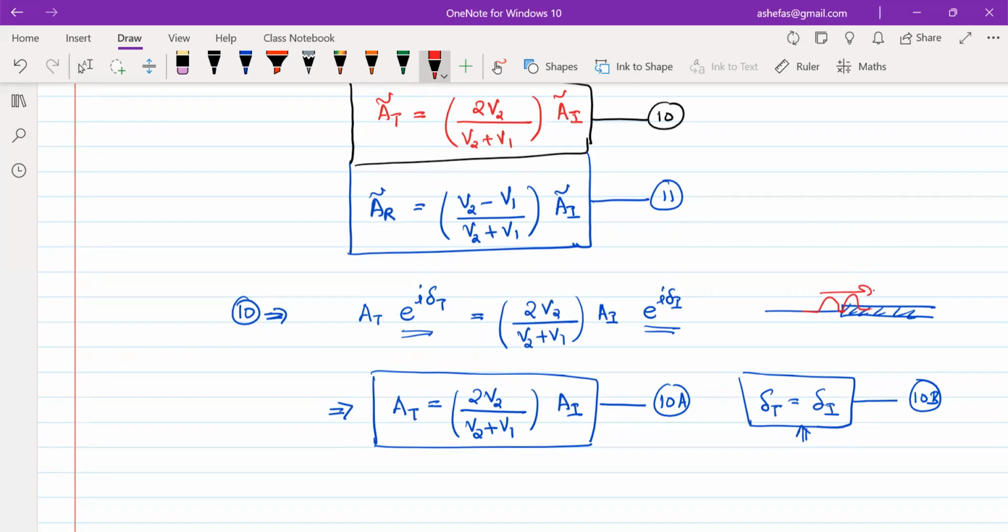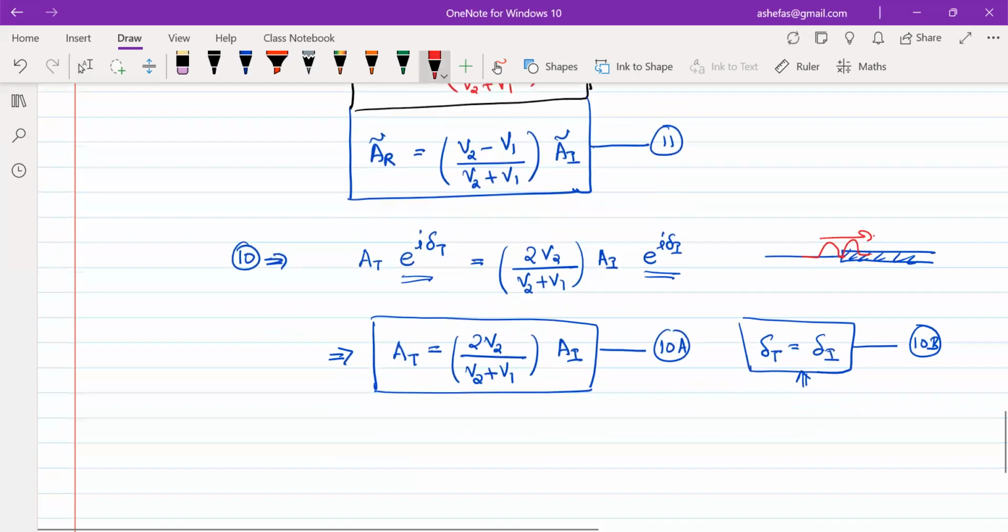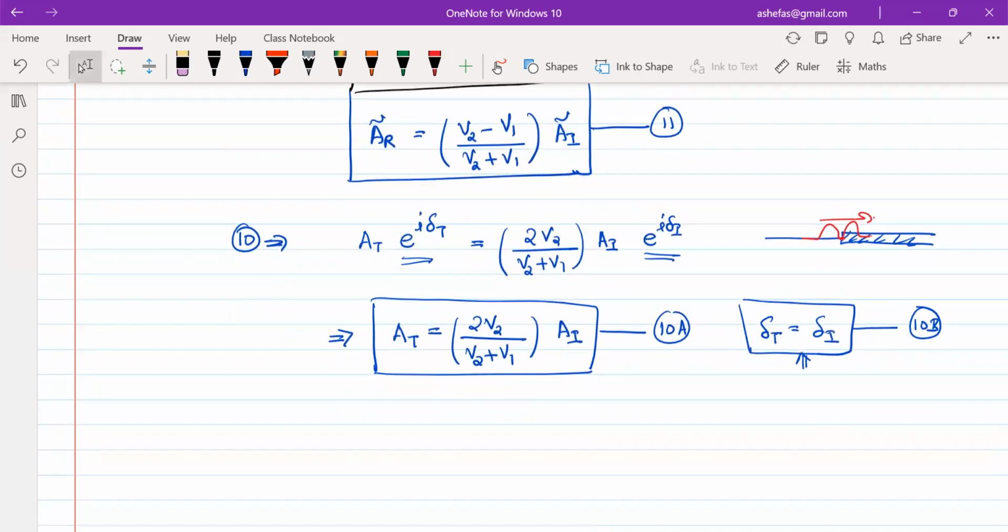Now what about the reflected wave? For the reflected wave, we can just take equation number 11. It is Ar e raised to i delta r. Now, for v2 minus v1, there are two possibilities. One possibility is v2 greater than v1, and the other possibility is v2 less than v1.